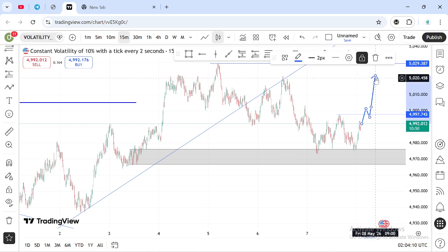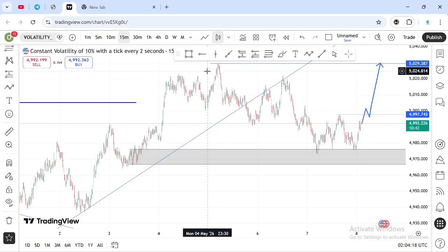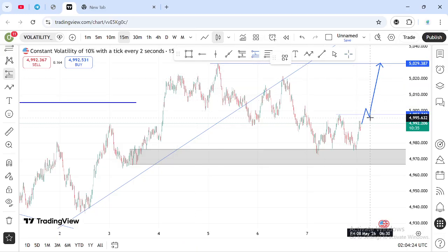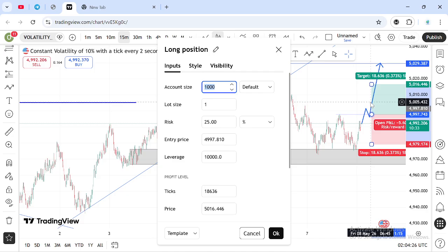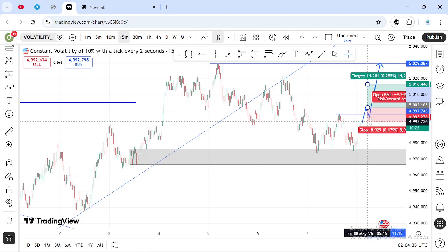So that's what we are going to be looking out for. This is the entry we have at the moment. Long. At any point price gets to and then retraces and then closes, it's going to be a buy limit entry.